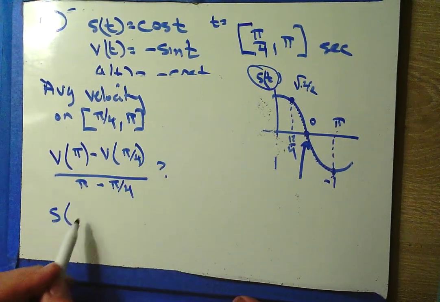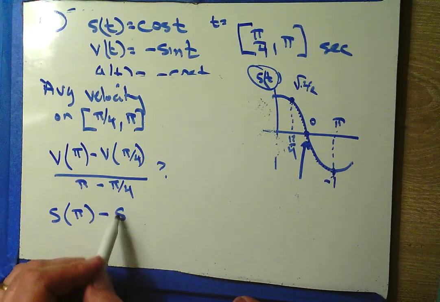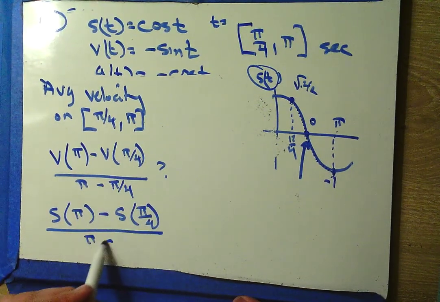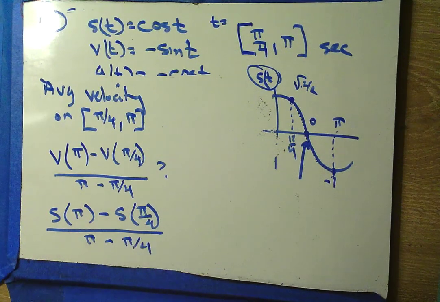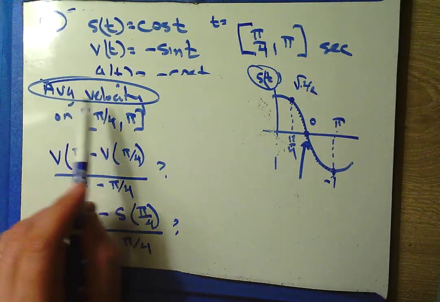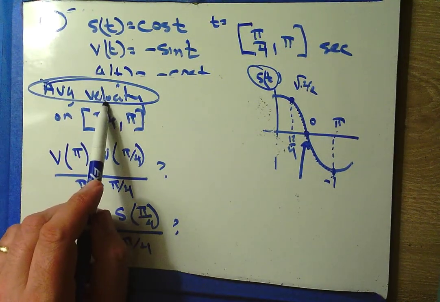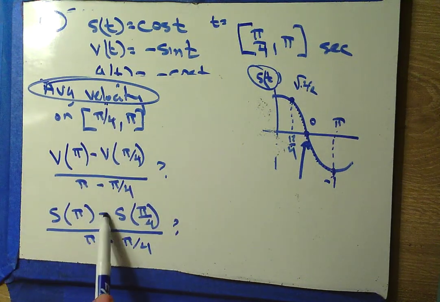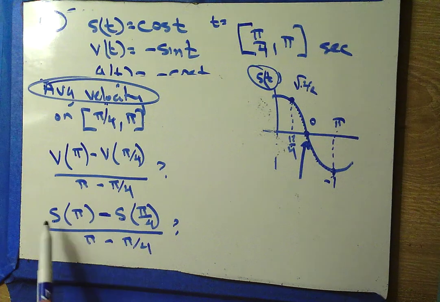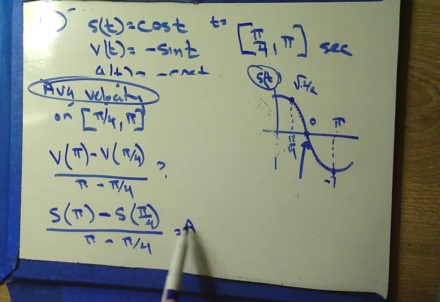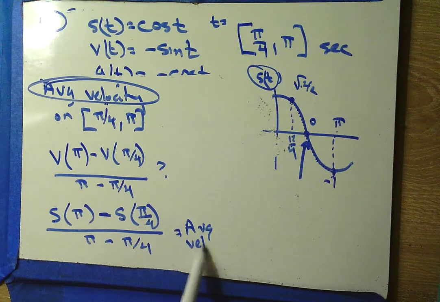Or is it s of pi minus s of pi over 4 over pi minus pi over 4? Which one of these is average velocity? Well, remember, velocity's definition is a change in position with respect to time. This one is average velocity.